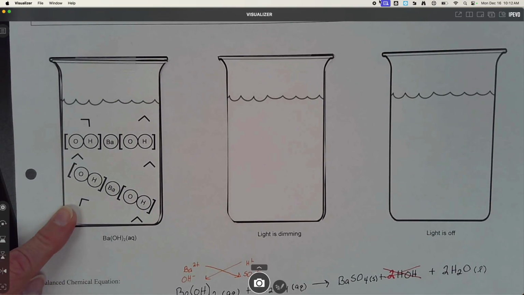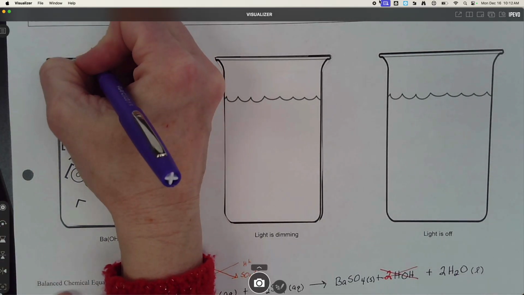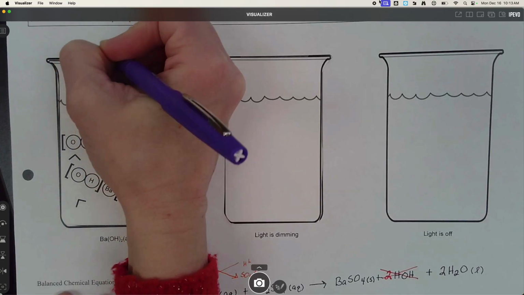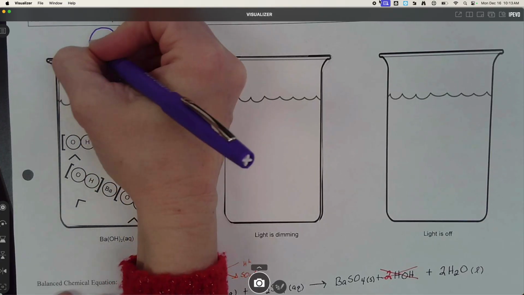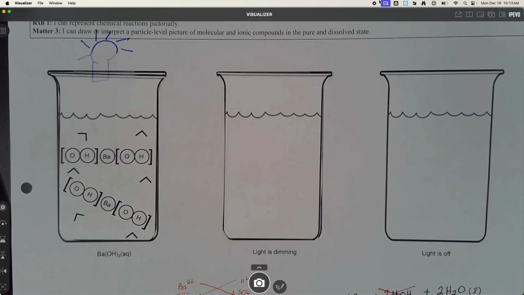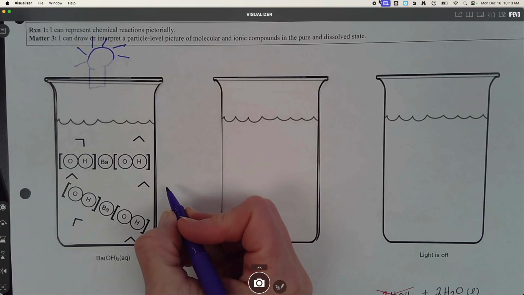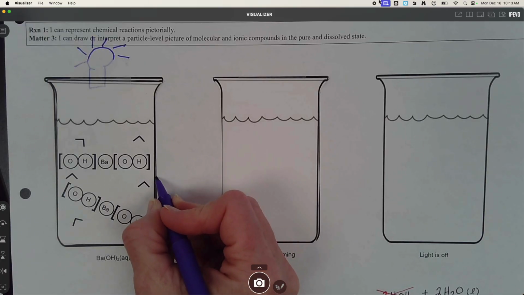So in the beginning, we had some barium hydroxide in a beaker, and I've chosen to draw 2 particles. And when I put the light in here, the light lit up, and it was very bright. Then I started to add sulfuric acid.